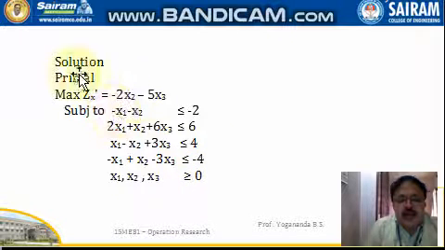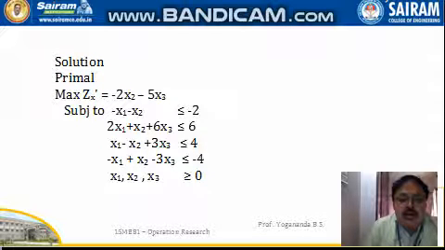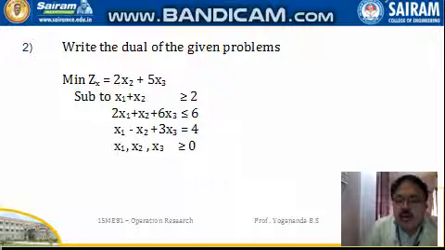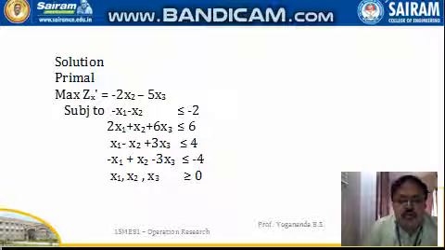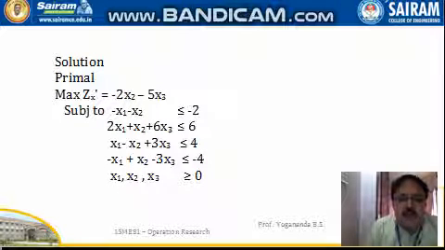So first the given problem is rewritten in the standard canonical form. Then the dual of the given problem will be written here as explained in the earlier problem. Since the given problem is on minimization, it has to be maximized.